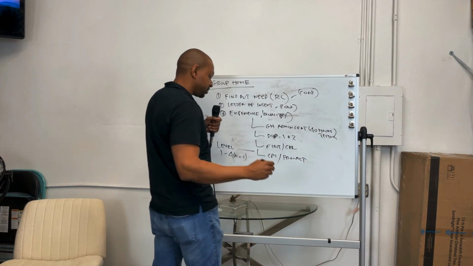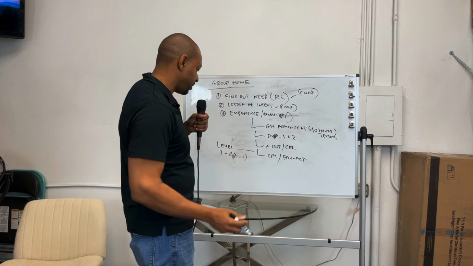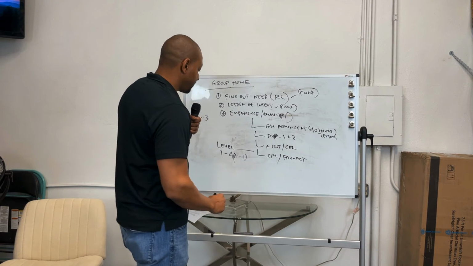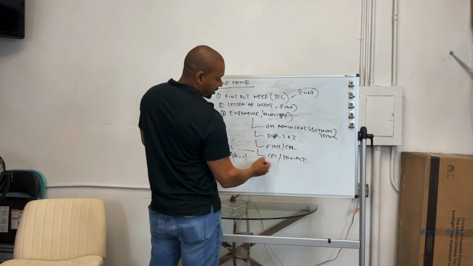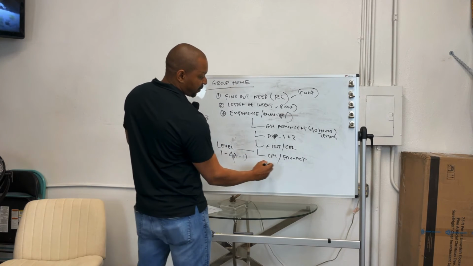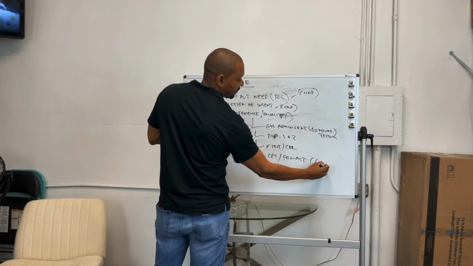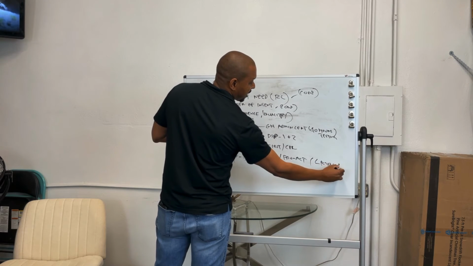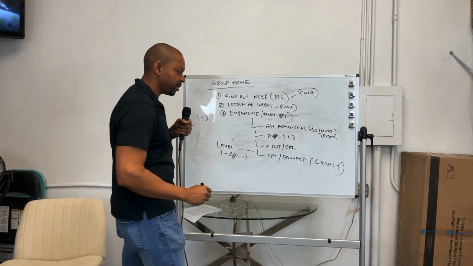The regional center will tell you which one they prefer, and that's the one you go get. Make it simple. You only need this bottom portion, the CPI or PROACT, if you're a level 4. Sorry about the sloppy writing. If you're level 4, you need the PROACT.